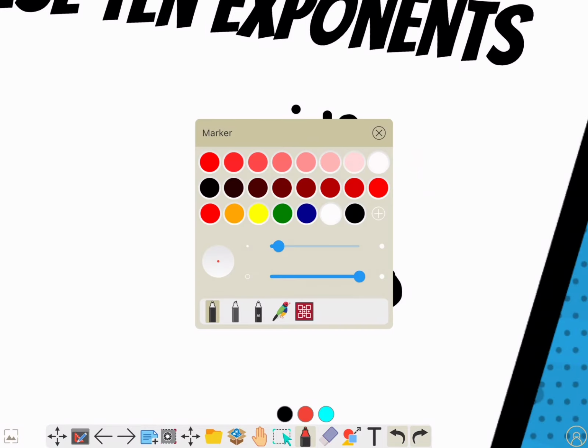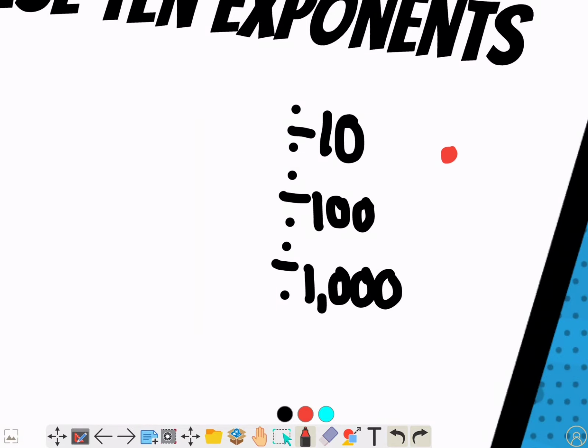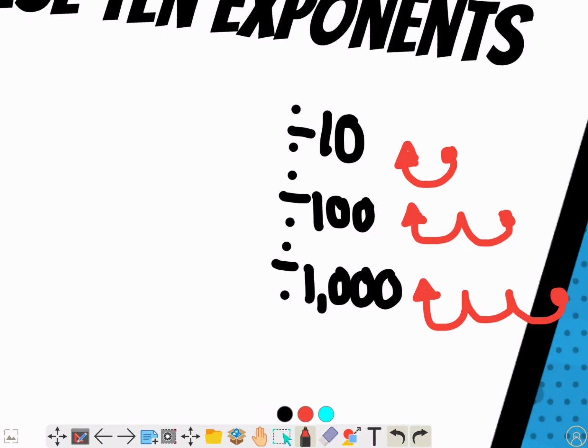For dividing by 100, you're jumping it 2 times. And guess how many times you're jumping the decimal for the thousands? Yep, you guessed it, 3 times. And if you have openings, meaning there's nothing there, you can put zeros as placeholders.